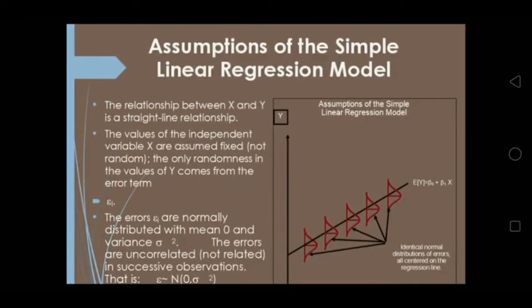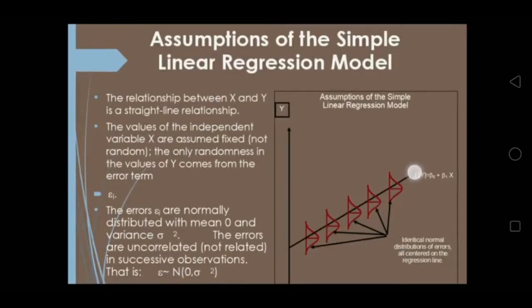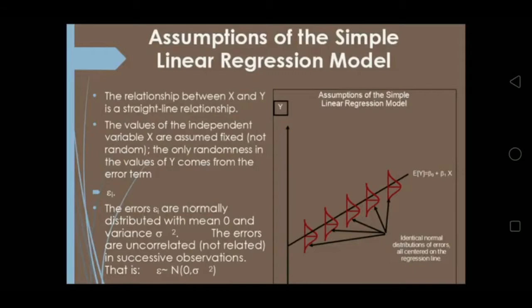Assumptions of the simple linear regression model. The relationship between x and y is a straight line relationship. The values of the independent variable x are assumed fixed, or not random.